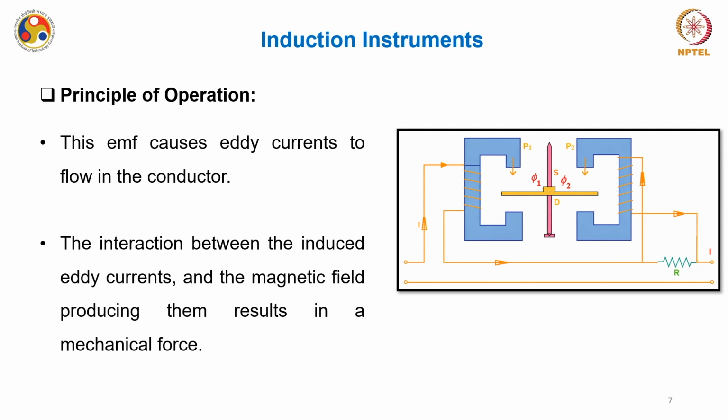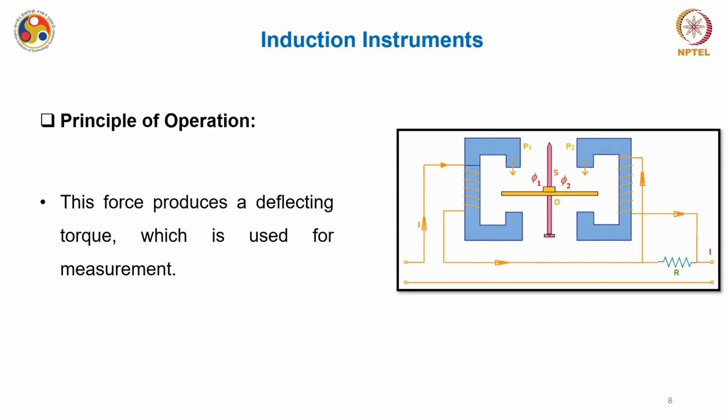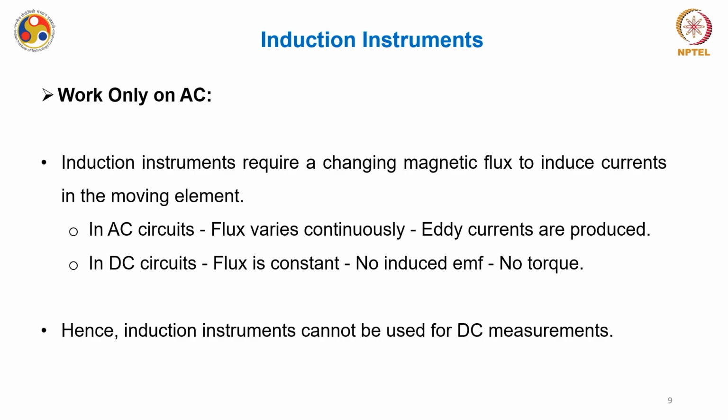The interaction between the induced eddy currents and the magnetic field results in a mechanical force. This force produces a deflecting torque which is used for the measurement of whatever quantity we are measuring, be it current, voltage, power or energy, as they can also be used for measurement of those quantities.